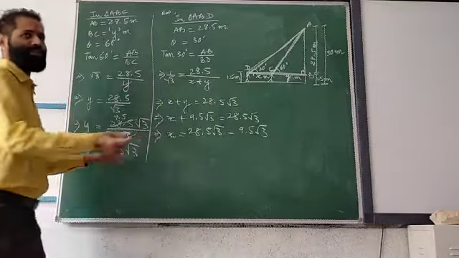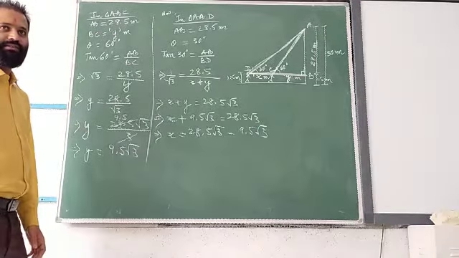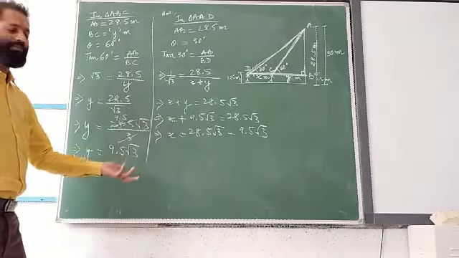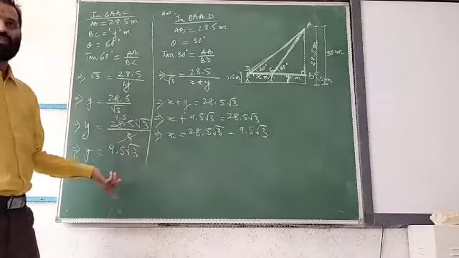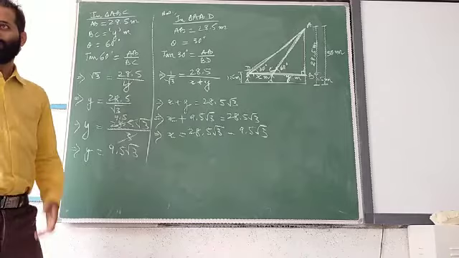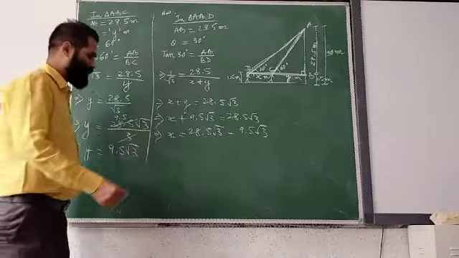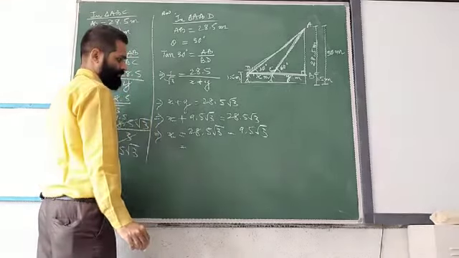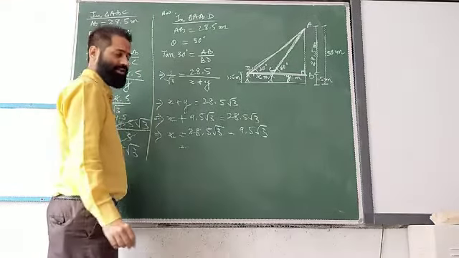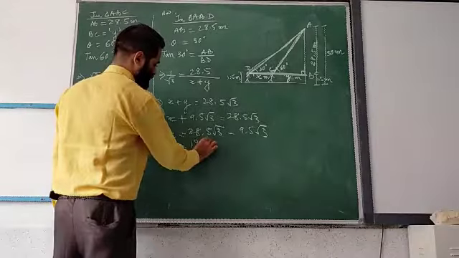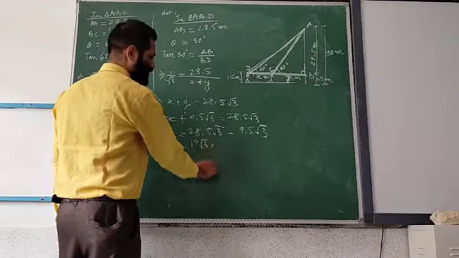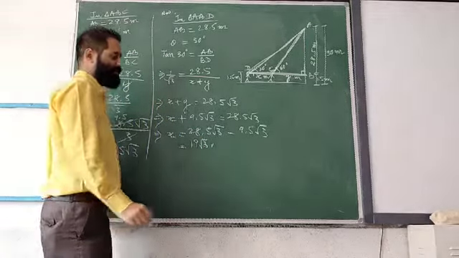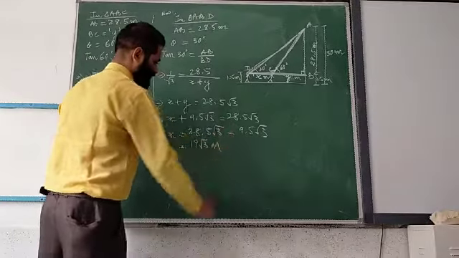If you don't convert also, you will get the same answer. But if a number is cancelled, then it's better to simplify. So 19 root 3, 19 meter, that's all.